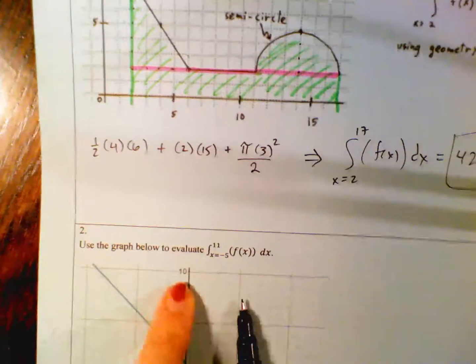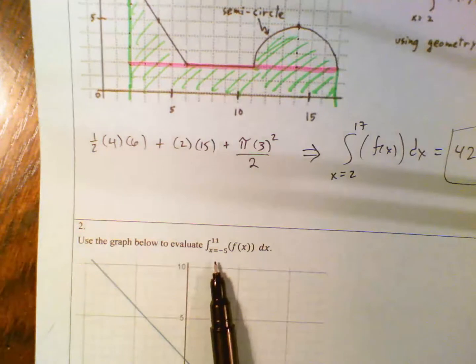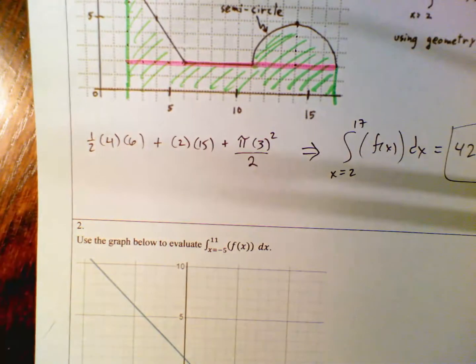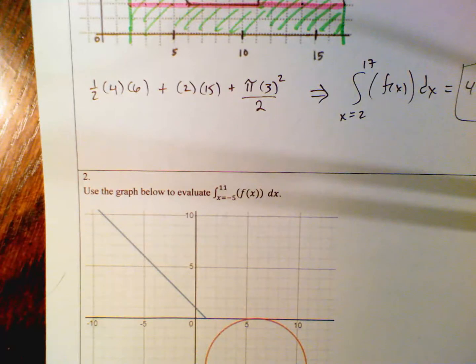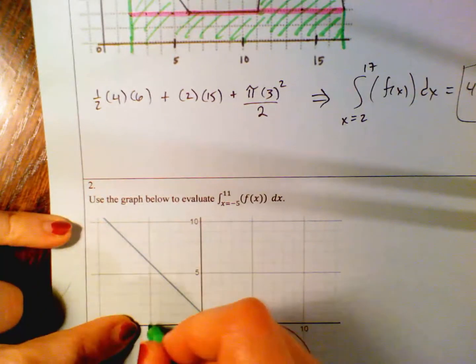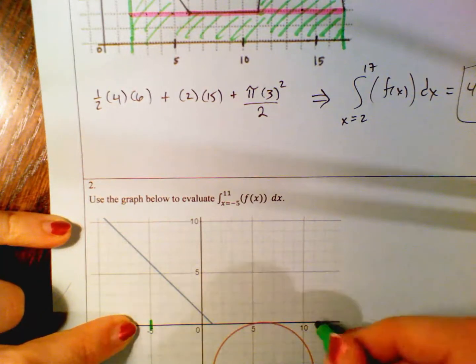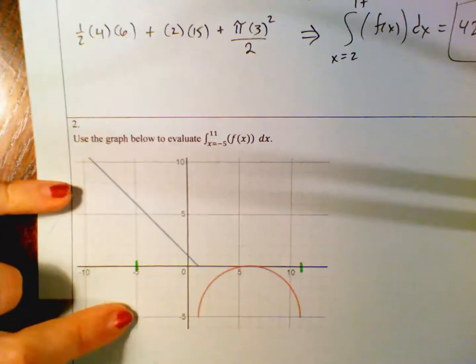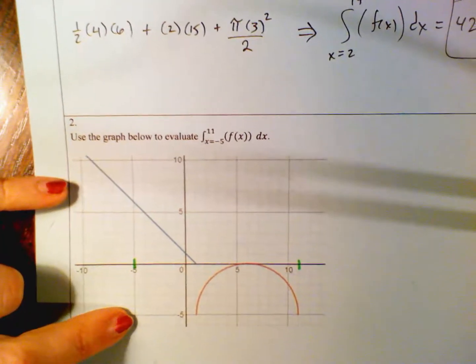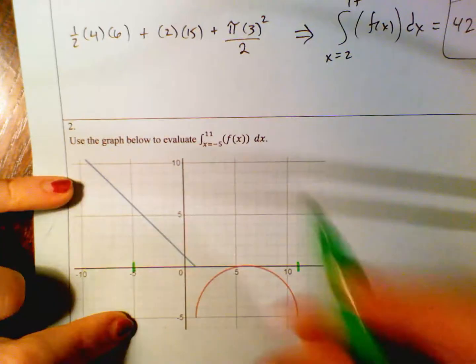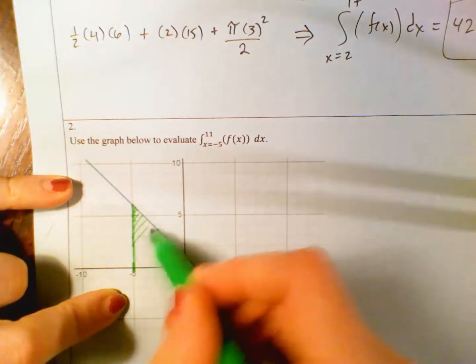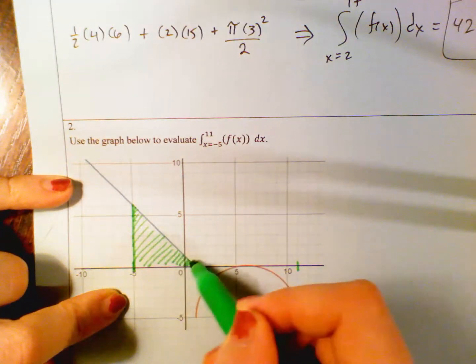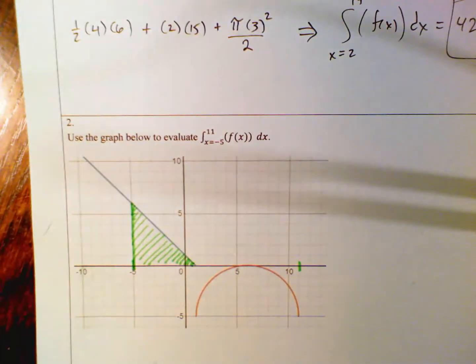Now this one. Use the graph below to evaluate the integral from x equals -5 to 11 of f of x. So this is f of x here. All right, so -5 and then 11 is there. So we've got part of the graph above the x-axis and part of the graph below the x-axis. The part above, we're going to want the area of this triangle, and it's going to be a positive area.